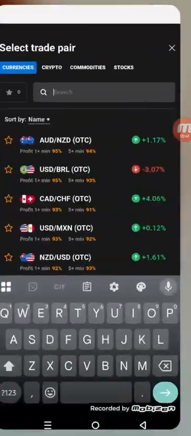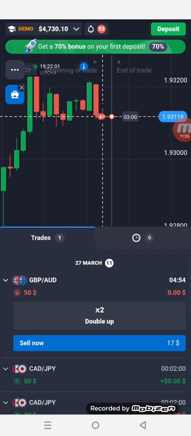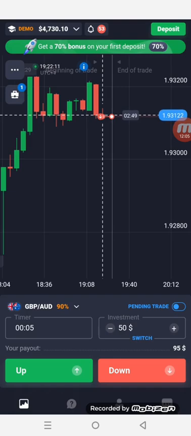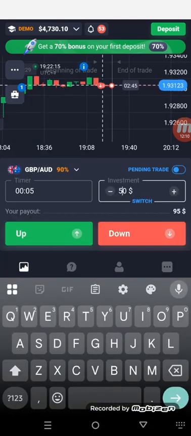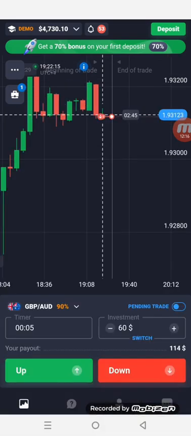Let's see. This trade has started. Now, if you check your trade, as you can see, it's 4 minutes 52 seconds, and it's counting down. So if by the end this trade did not enter for you, that is when you now use the martingale strategy and increase the amount you are using here, and we enter the trade again in the same direction to recover the money you lost before.